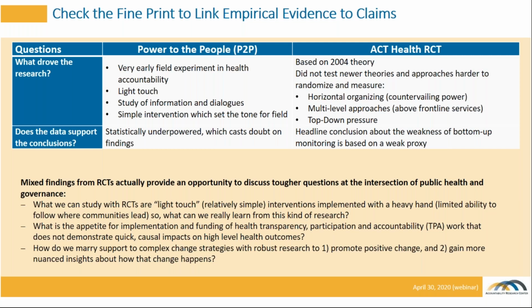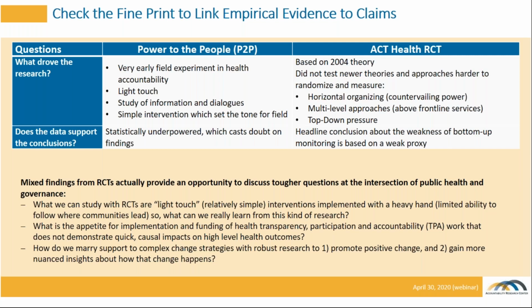So looking at higher level officials beyond the health service providers who might not be able to solve everything on their own. And then also that relationship between top-down pressure, which wasn't really tested in either of these randomized control trials, even though both speculated that that was important.